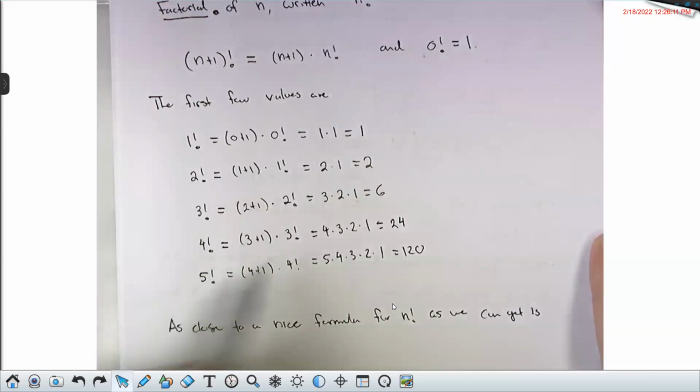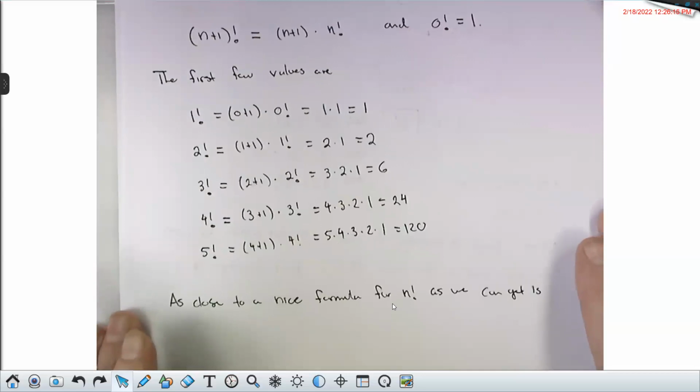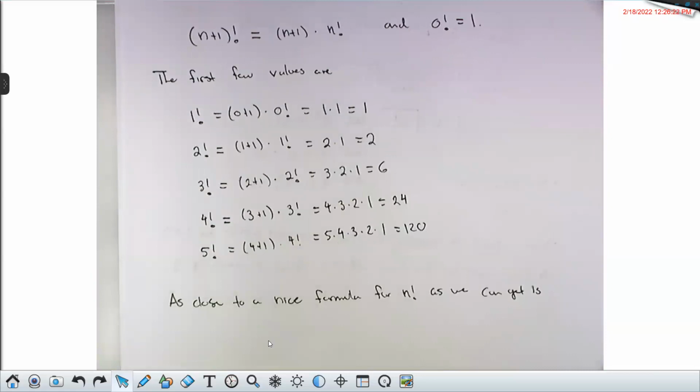Look at 5 factorial. It's 5 times 4 times 3 times 2 times 1. What do you think 6 factorial is? That would be 6 times 5 times 4 times 3 times 2 times 1.